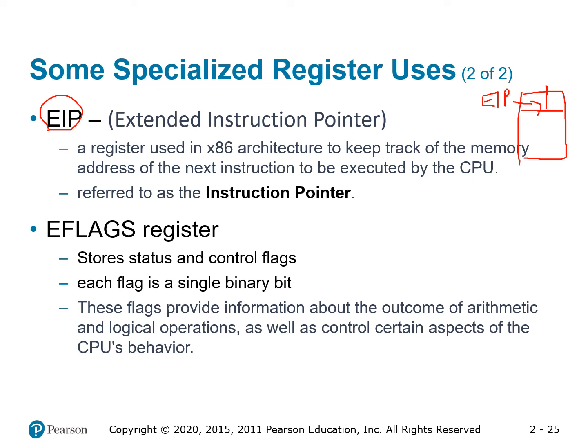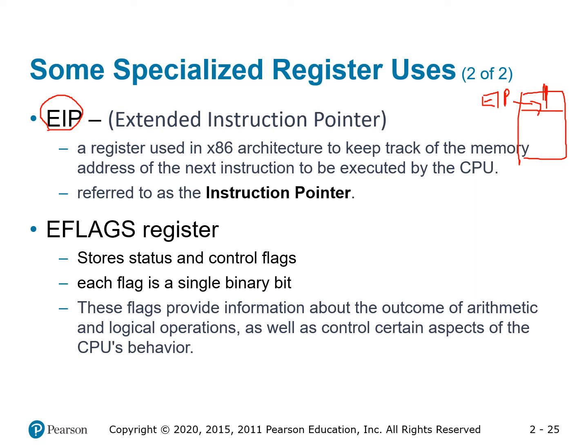Let's say that this is the next instruction that's going to be executed. So that's where EIP is pointing. So that's another specialized register that we don't want to change. We don't want to move any values into it or use it for arithmetic unless we're actually wanting to move that instruction pointer for some reason.